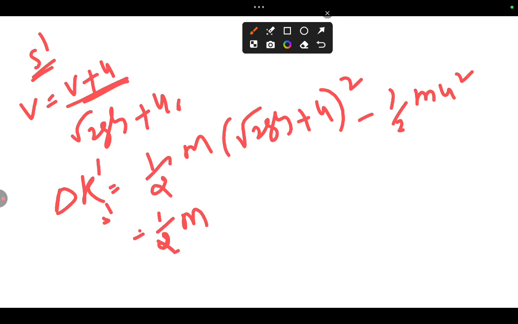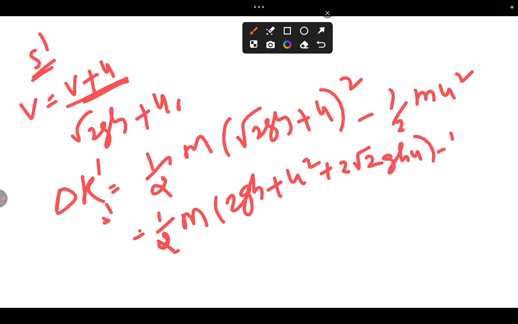After simplifying, we get 1/2 m (2gh + u² + 2√(2gh)·u) minus 1/2 m u². See, this one and this one will cancel out. Finally you will get 1/2 times 2gh, that means mgh.